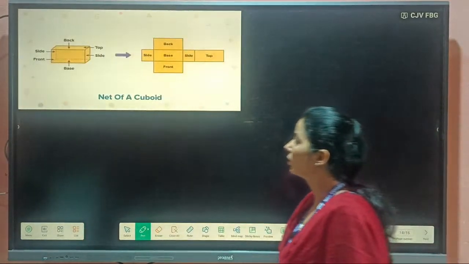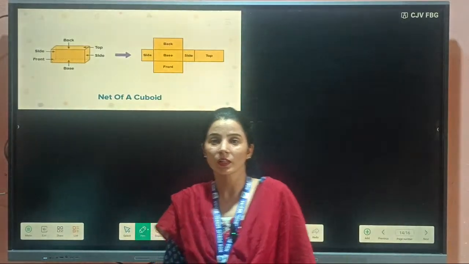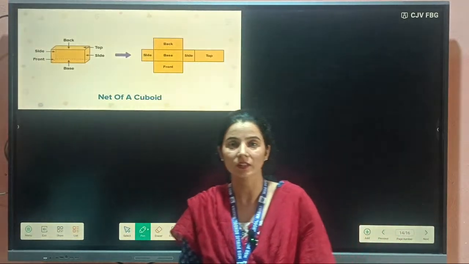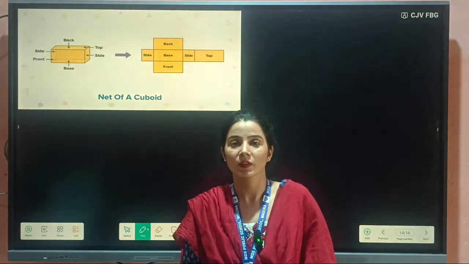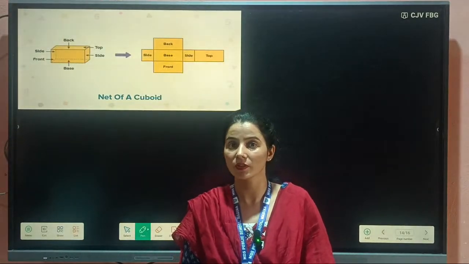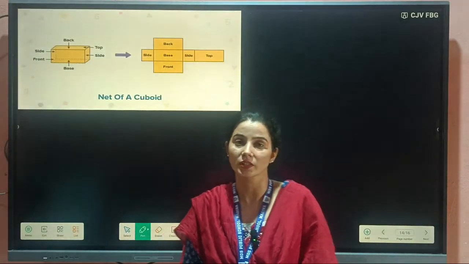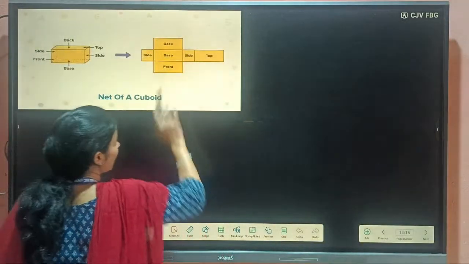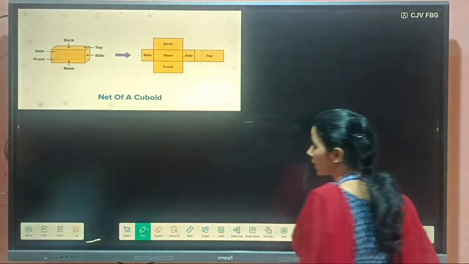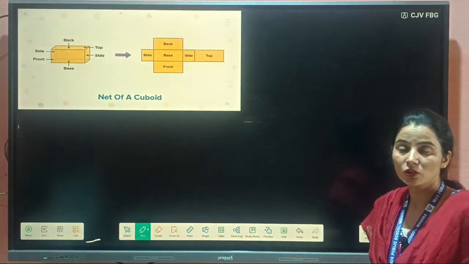This is net of cuboid. What is cuboid? First try to understand that in cube all faces were square in shape, and in cuboid all faces will be rectangular in shape. So all faces of this cuboid are in rectangle shape. Similarly, I want to tell face, vertex and edges of this cuboid.